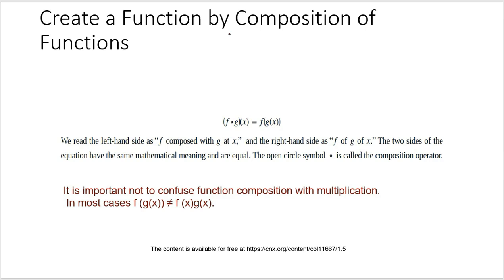In this section, we want to learn about composition of functions. We learned about f of x. Sometimes we need to composite the functions. So instead of having x as input, we have another function, g of x, as input. Sometimes output of one function is input of another function.